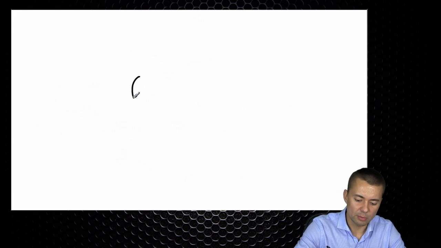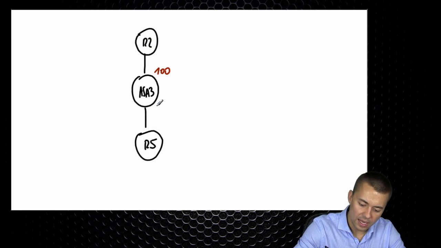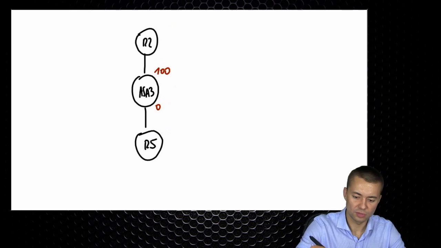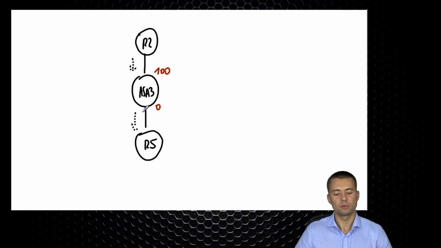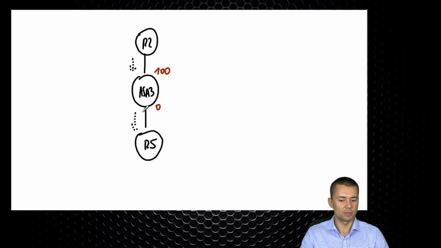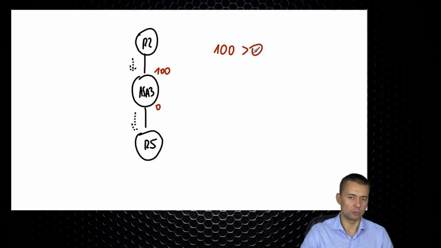So this is our setup. We've got the ASA, router 2 and router 5. And we've got 100 here and 0 here, security levels. So I'm issuing pings from router 2, and they are allowed through the firewall, because I'm coming from a higher to lower.